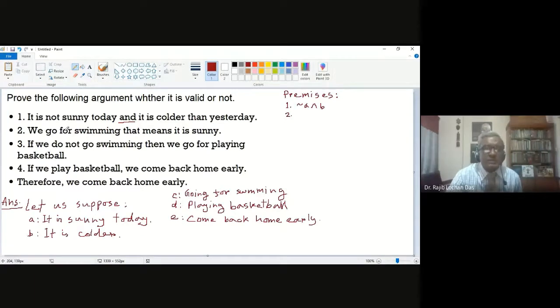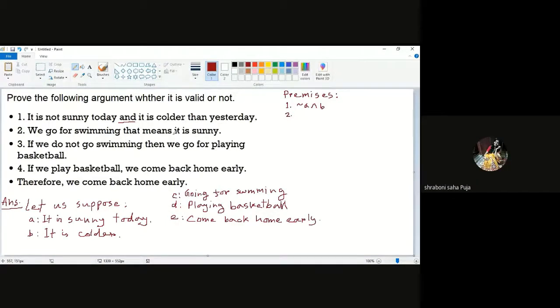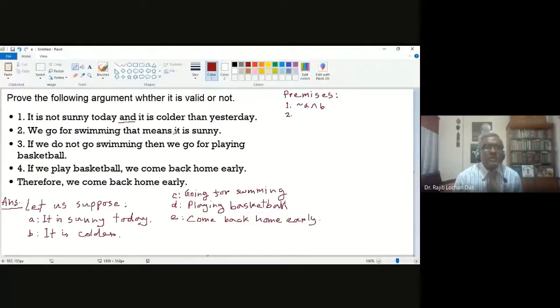Okay, so what is the expression for this? Sir, C implies A. Or sir, should it be A implies C? Okay, that is the good thing that I enjoy actually. If there is any confusion, this or that, I enjoy that much. Actually, "we go for swimming" is one thing, it is very clear, and "it is sunny" is another thing.